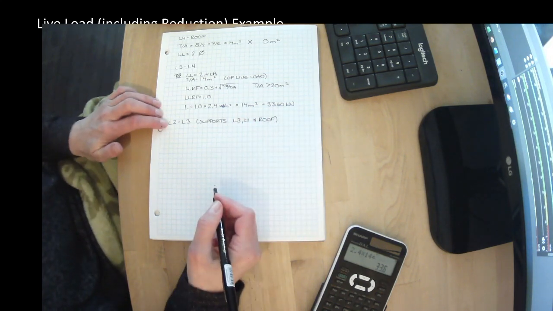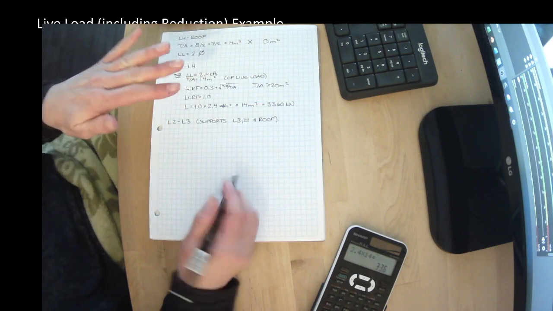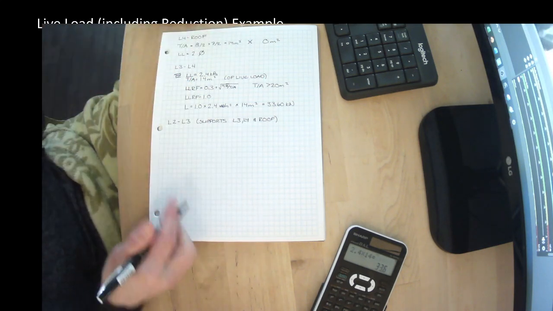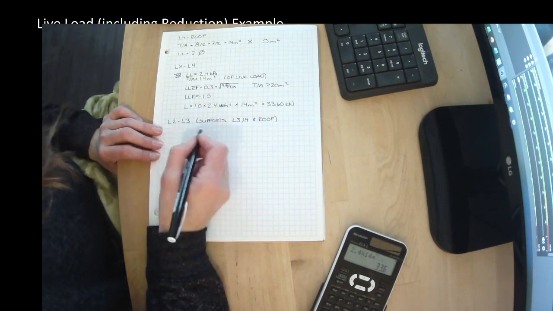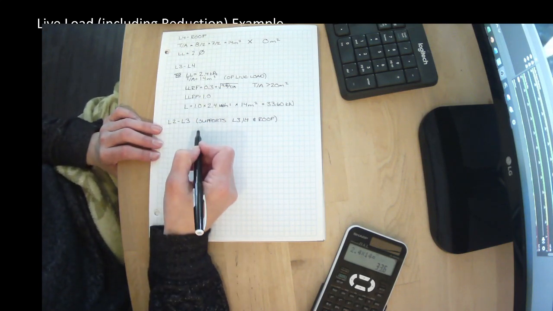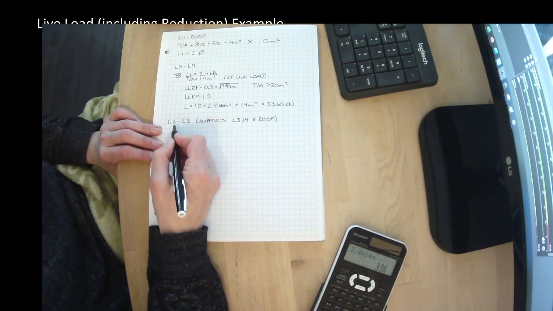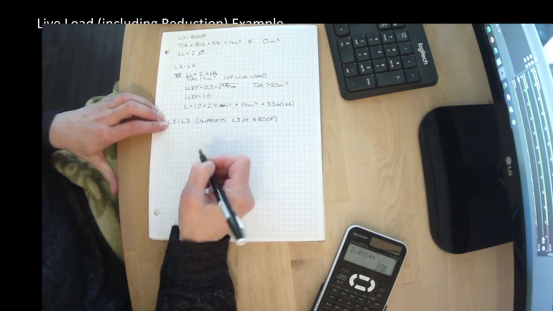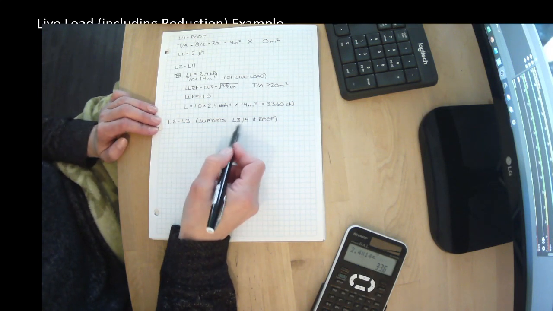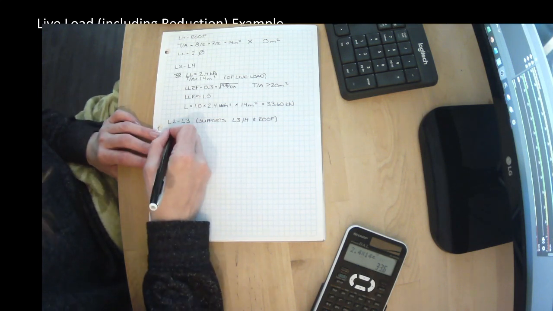Remember, it doesn't support level 2 because it starts at level 2. It goes from level 2 to level 3. So the tributary area for live load on the column from level 2 to level 3 is the tributary area from level 3 and the tributary area from level 4.